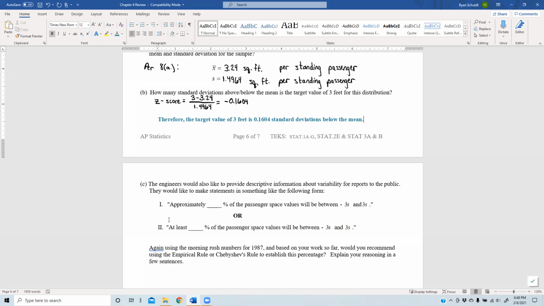Again, using the morning rush numbers for 1987, and based on your work so far, would you recommend using the empirical rule or Chebyshev's rule to establish this percentage? Explain your reasoning in a few sentences.